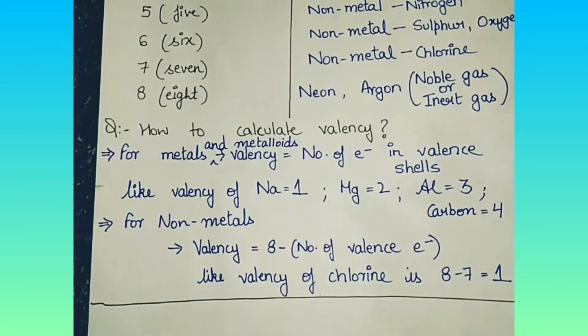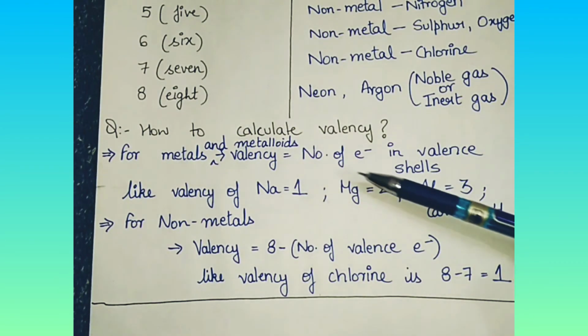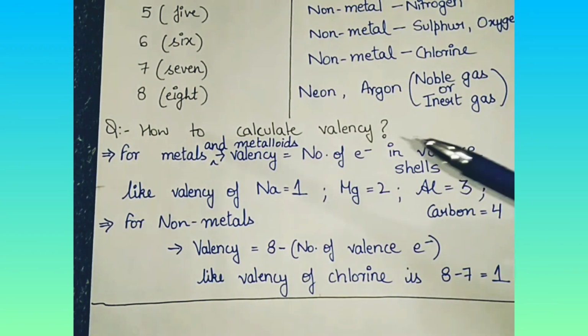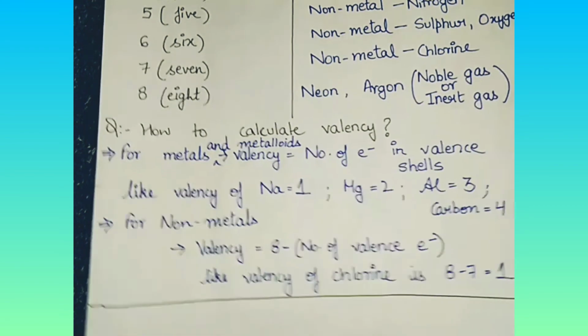So, for metals and metalloids, valency equals the number of electrons in the valence shell. The valency of sodium is 1 because it has 1 electron in its valence shell. The valency of magnesium is 2 because the valence electrons are also 2. The valency of aluminium is 3 because the number of electrons in the valence shell is 3, and similarly carbon equals 4.